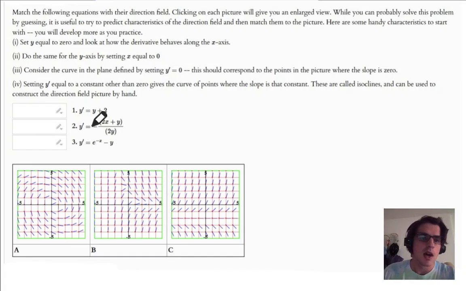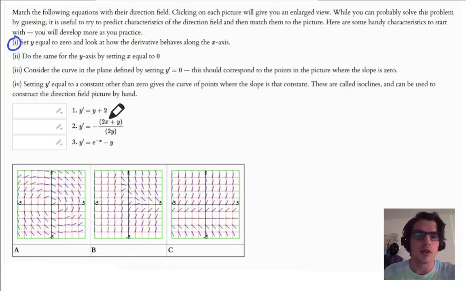So we have y prime equals y plus 2. I think a great place to start is by setting y equal to 0. I'm not going to do this whole process that we're given. I'm just going to think through what I would do.